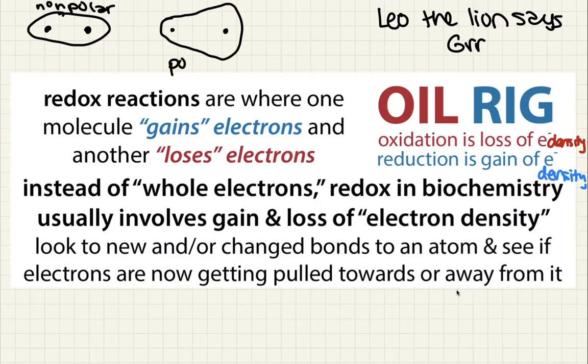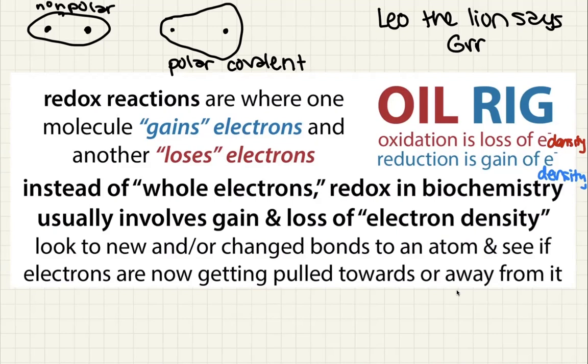And so that would be a polar covalent bond. Because remember, in a covalent bond, you have their electron clouds merging, and the electrons are moving around randomly throughout this cloud, but they're more likely to be found near the more electronegative one. And so you get this shift towards the more electronegative atom.